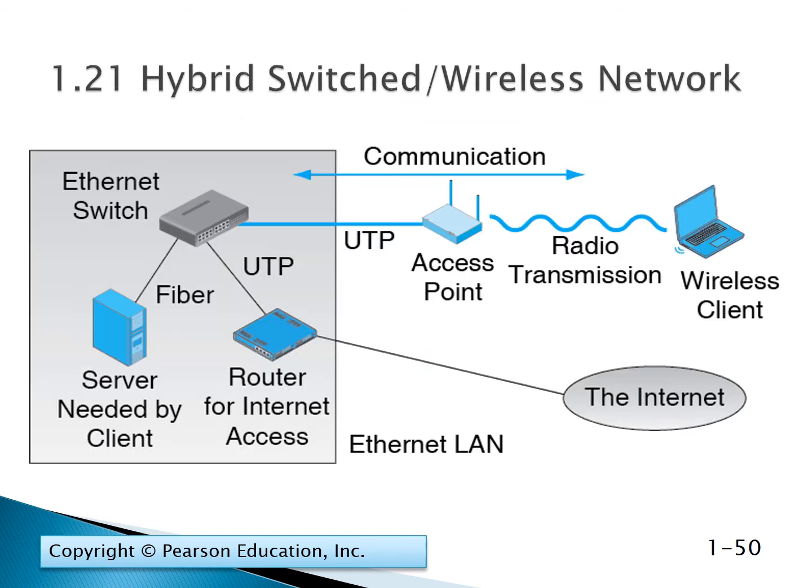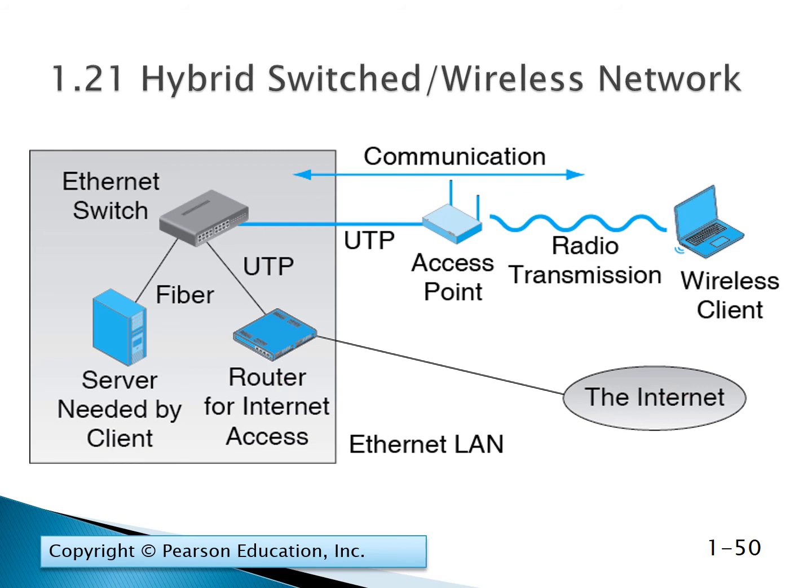Some networks are what we call hybrid switched or wireless networks. Here we have an example like this. You have a server needed by the client, connected to an Ethernet switch, a switch device, and the switch is also connected to a router that you can use for internet access, so it's connected to the internet.